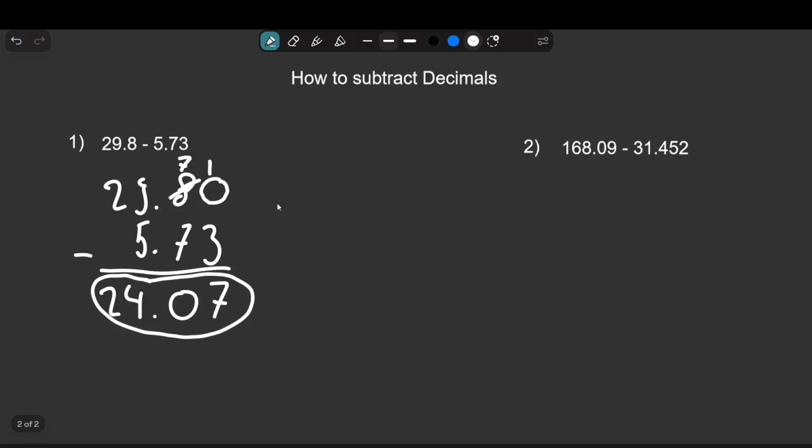The mistake some people make when doing these type of problems is not lining up the two decimals properly. So often they write 29.8, and instead of lining them up the correct way, they accidentally line them up like this, 5.73.